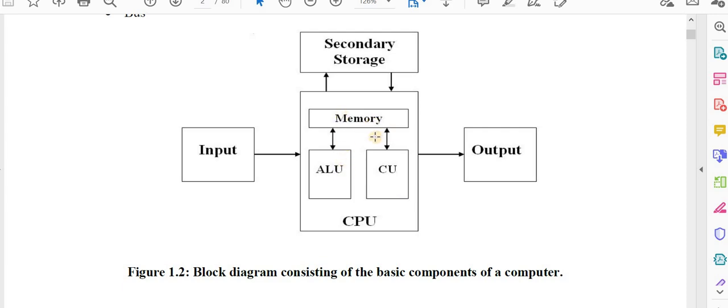Then storage unit. The information and a set of guidelines are stored in the storage unit of the computer system. The storage unit provides the space to store the data or instructions of processed data. So the information or data is saved or held in the computer memory or storage device.